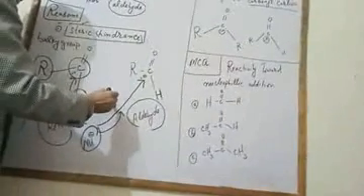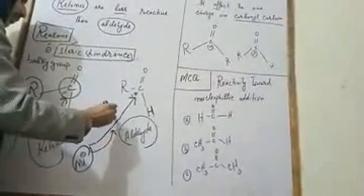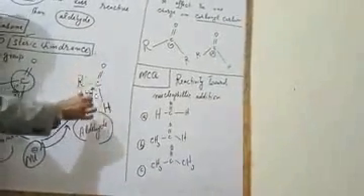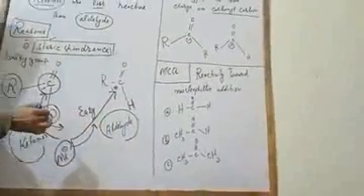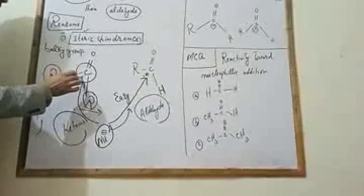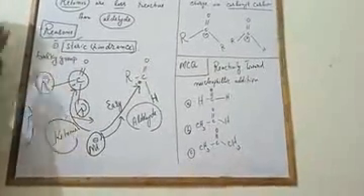So it is easy for the nucleophile to attack the carbonyl carbon of the aldehyde, while it is difficult to attack the carbonyl carbon in ketone.